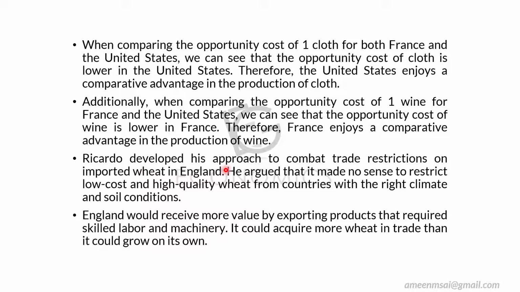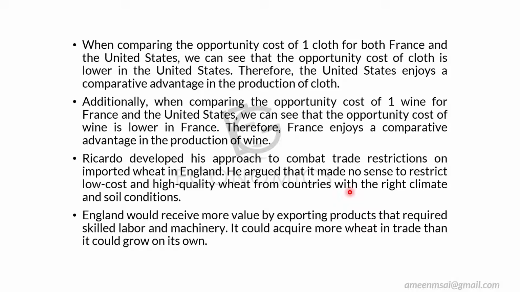Similarly, Ricardo developed his approach to combat trade restrictions on imported wheat in England. By using this theory, he said that we have to combat the trade restrictions on importing wheat to England. He argued that it made no sense to restrict low cost and high quality wheat from countries with the right climate and soil condition.